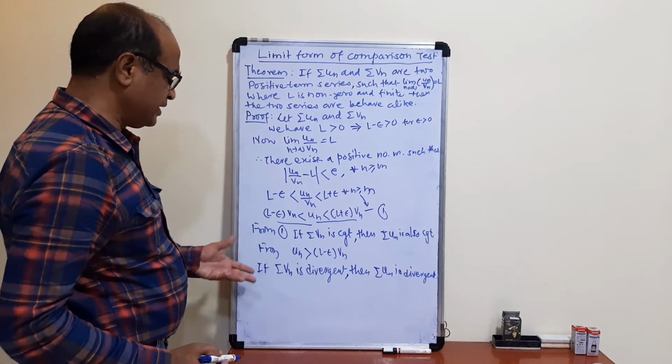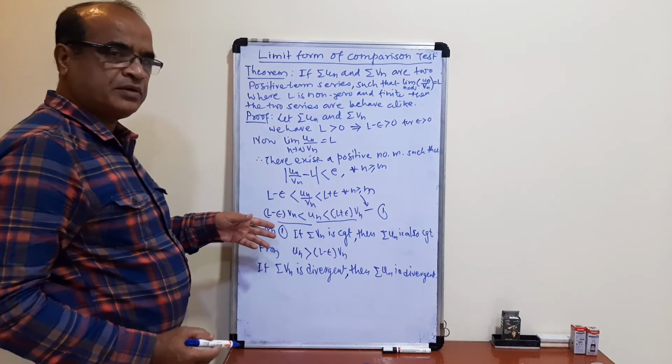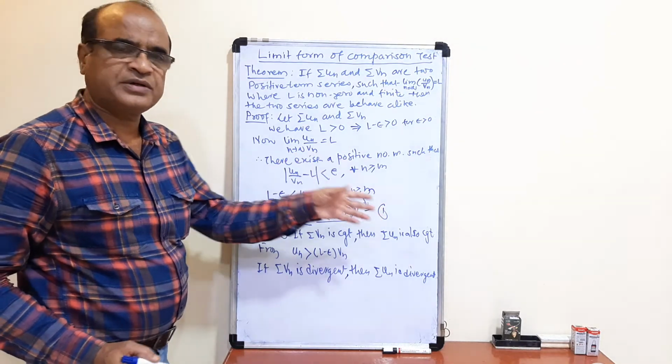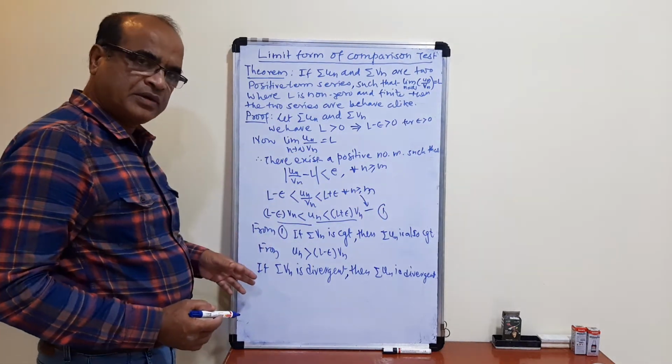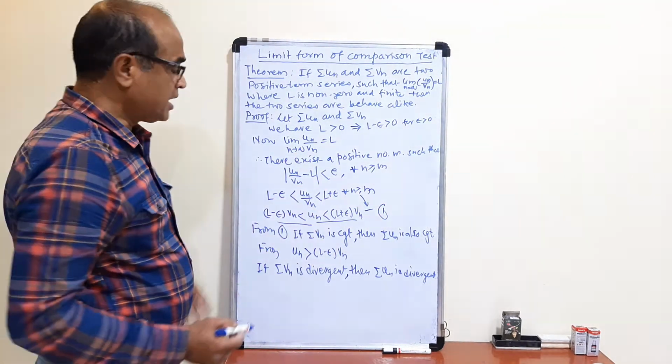This is very simple. If one is convergent, then the other is also a convergent series. If one is divergent, then the other is also a divergent series.